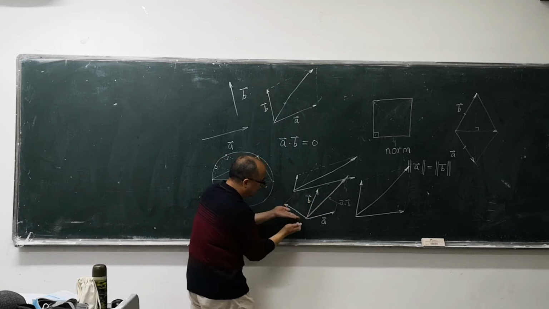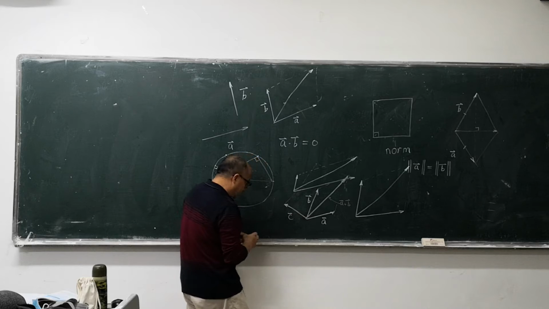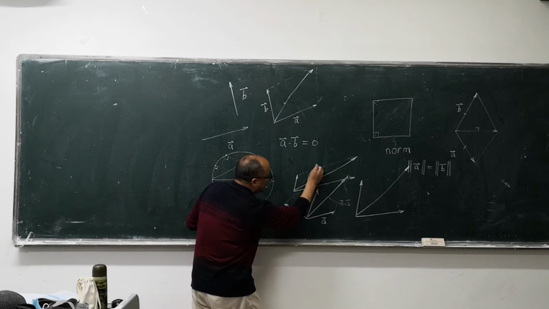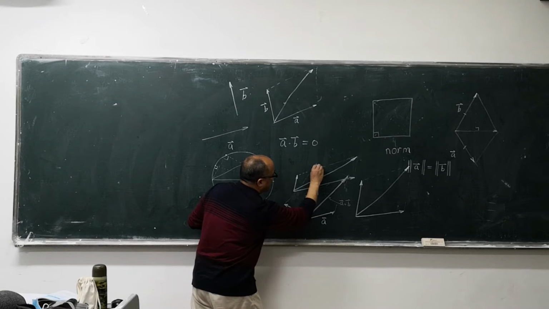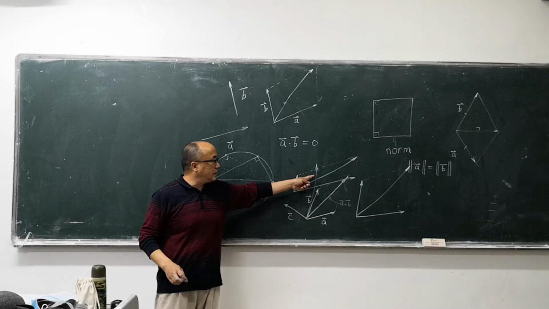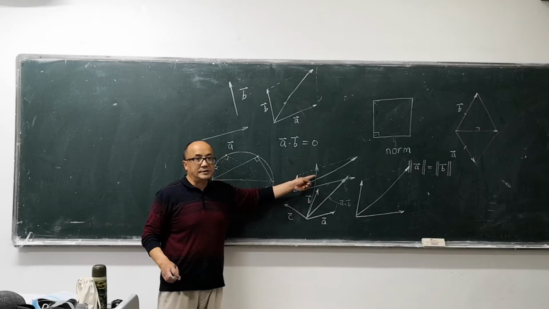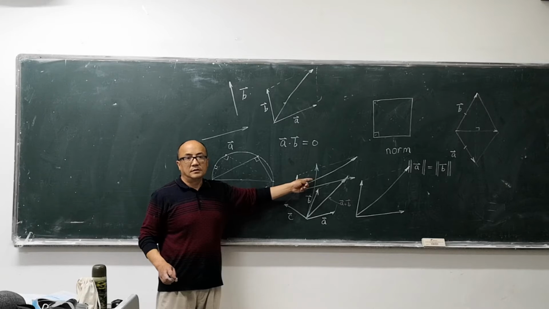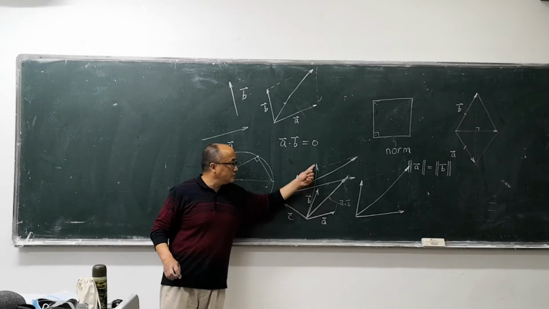This vector and this vector, do one more time, plus. And draw this. So the blue one is A plus B plus C, the result.